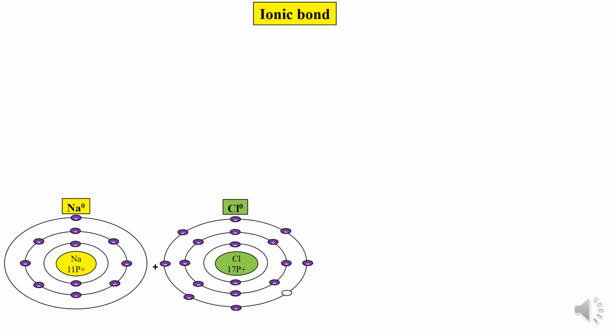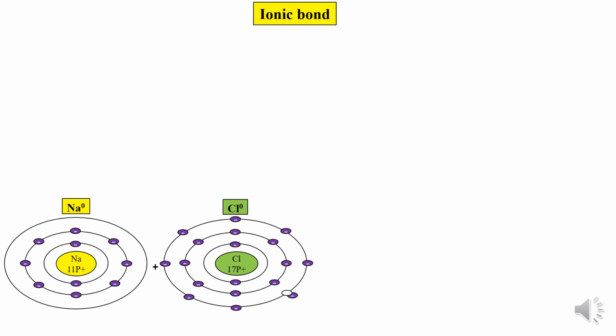In the zero oxidation state of sodium, you will find a total of 11 protons in the nucleus, 2 electrons in the first shell, 8 electrons in the second shell, and only 1 valence electron in the outermost shell. In case of chlorine, you'll find a total of 17 protons in the nucleus of the chlorine atom, 2 core electrons in the first shell, 8 electrons in the second shell, and a total of 7 valence electrons in the outermost valence shell.